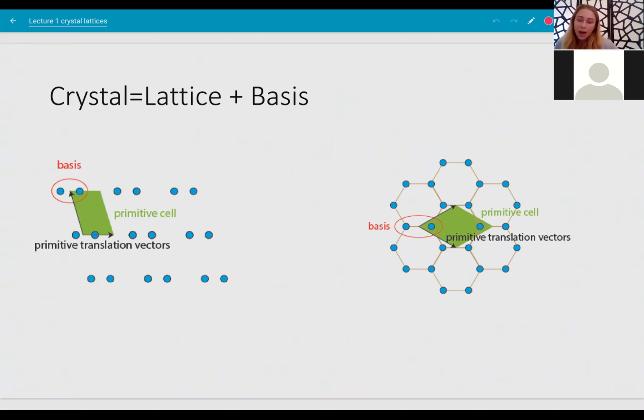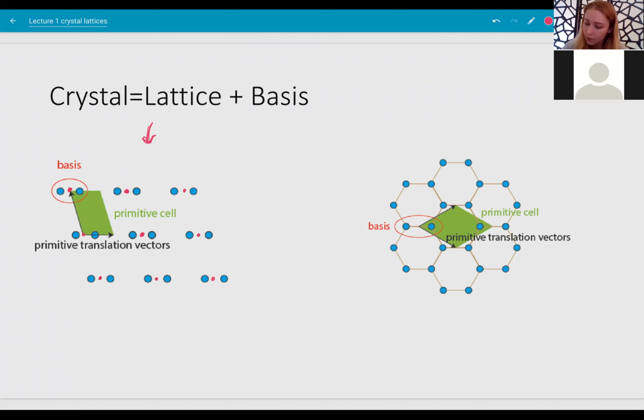So the first example is an extension of the image on the previous slide, where the points of the lattice have a similar arrangement to that picture, but instead of just a point there, there's actually 2 atoms that are stuck to each of those lattice points.